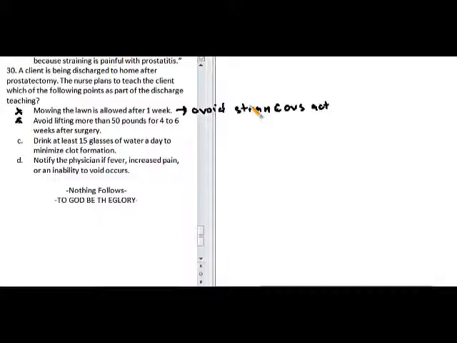B. Eliminate, because you need to avoid lifting at least 20 pounds, not 50. Drink at least 15. This is excessive. Eliminate C. D is the best answer because this is a sign of infection. This is the answer.